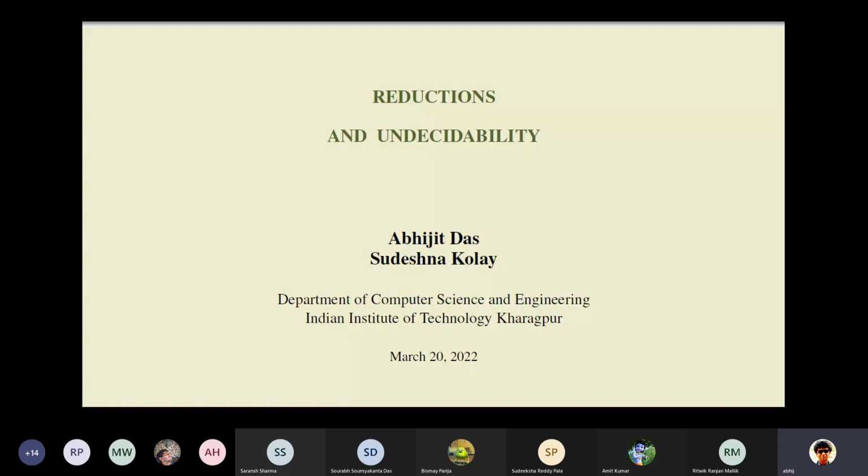But Turing makes this thing even worse. In fact, near the end of these slides, or maybe in the next slide, we will see that given a problem, it is undecidable whether that problem is decidable or not.